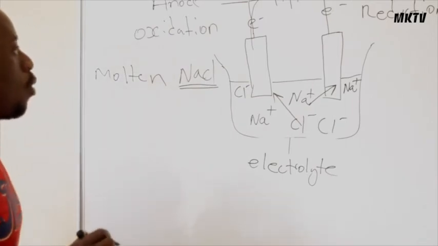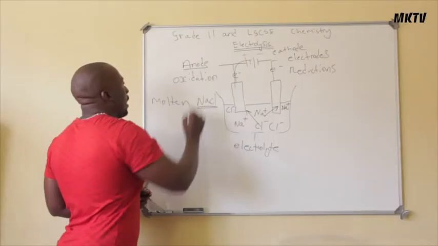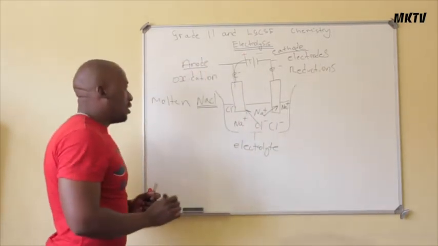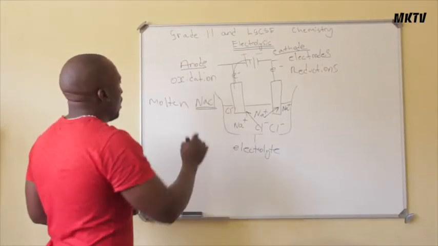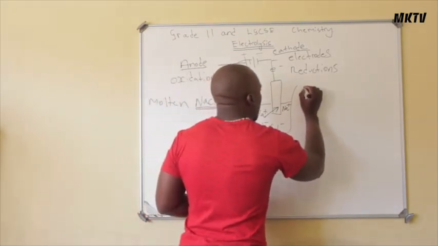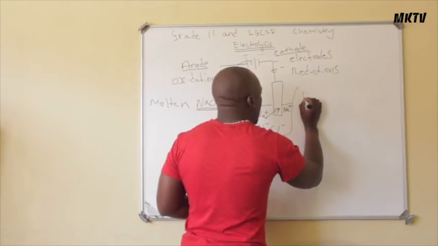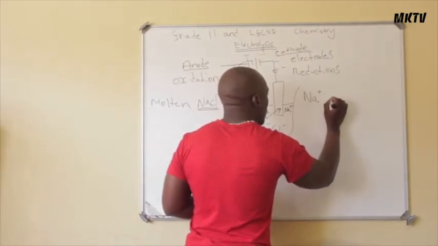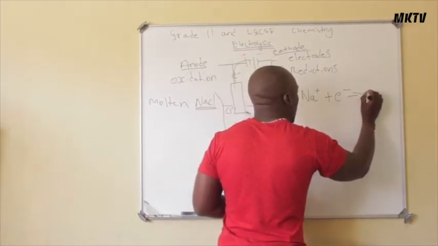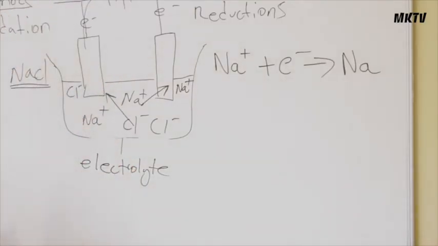And then we are going to have some chemical reactions that are going to take place at the anode and at the cathode. We are going to see the first reaction that is going to take place at the cathode. We are going to see sodium ions going to the negative terminal, whereby this reaction is now going to take place.